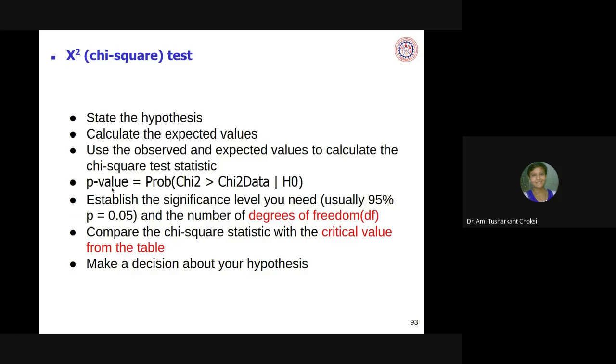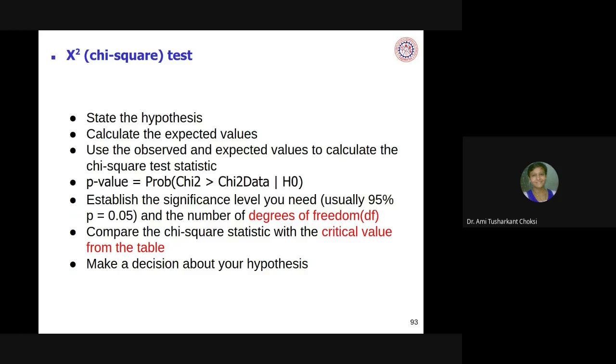The p value is equal to the probability that chi-square is greater than the chi-square data, based on the hypothesis. H0 is the hypothesis, said as the null hypothesis. We will understand it very easily using the example.